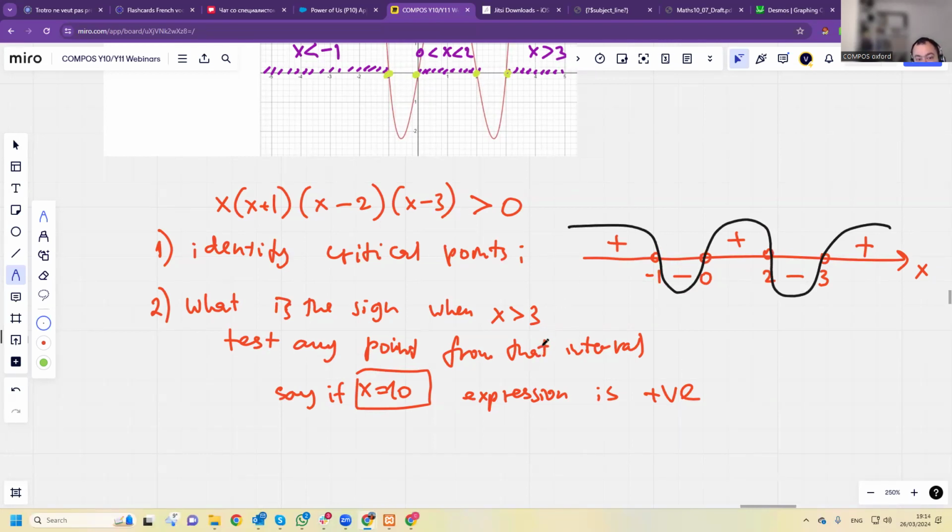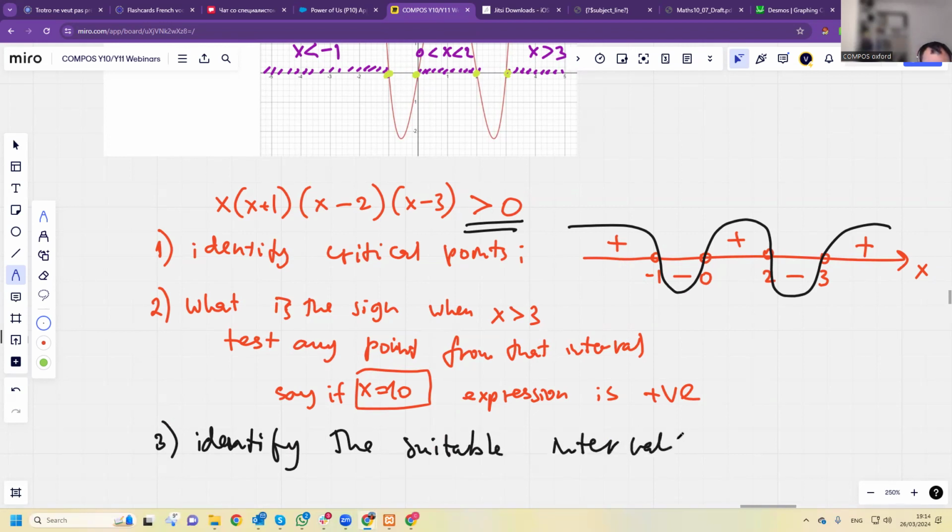And that's it. And that means which ones do you need? You need the positive ones. Identify the suitable intervals, positive or negative. You need the positive ones, so you dash them.